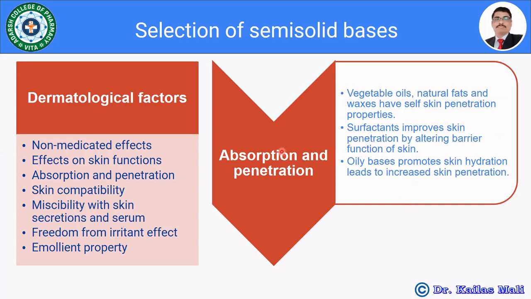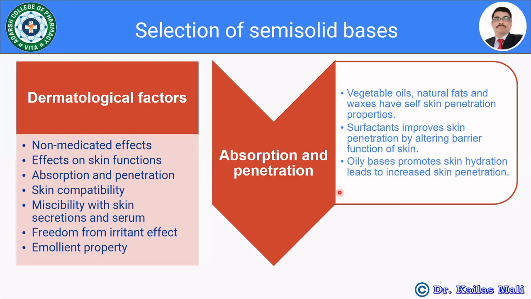Moving to the next point, absorption and penetration. Vegetable oils, natural fats, and waxes have self skin penetration properties. Surfactants, as we have already discussed, improve skin permeability by altering the skin barrier function.